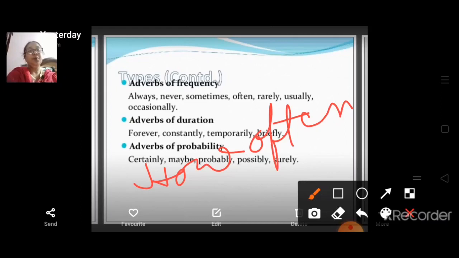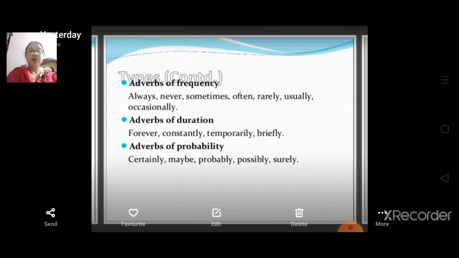These adverbs are usually placed before the main verb and after the helping verb. So these are called adverbs of frequency.